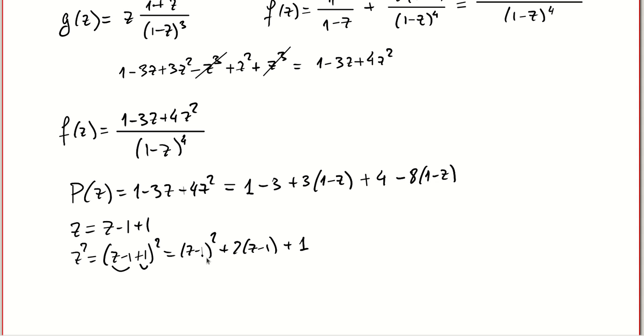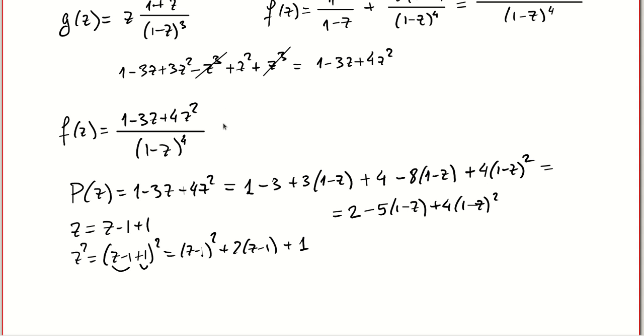And then I have 4 times this, so plus 4(z − 1)^2 or (1 − z)^2. It doesn't matter because it's a square. If I simplify this, what I get is 1 plus 4 is 5, minus 3 is 2. Then 3 minus 8 is −5, (1 − z), and finally I have 4(1 − z)^2.